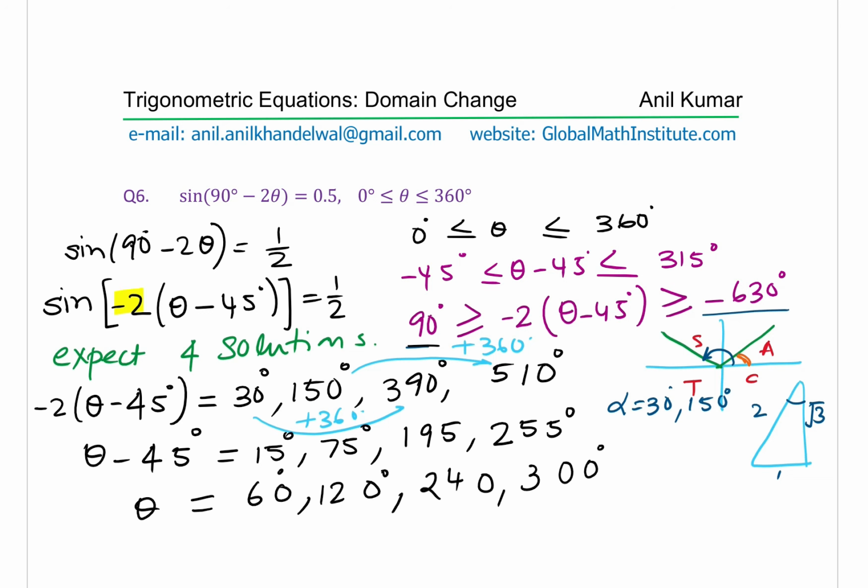So we can write down our answers, which are theta equal to these values. Is that clear to you? So that is how we could actually answer our question. That was very useful information for you, I think.